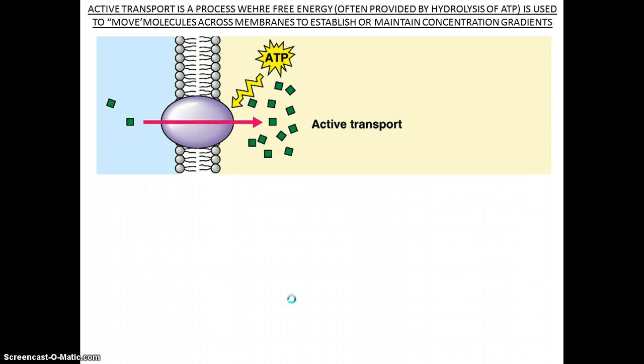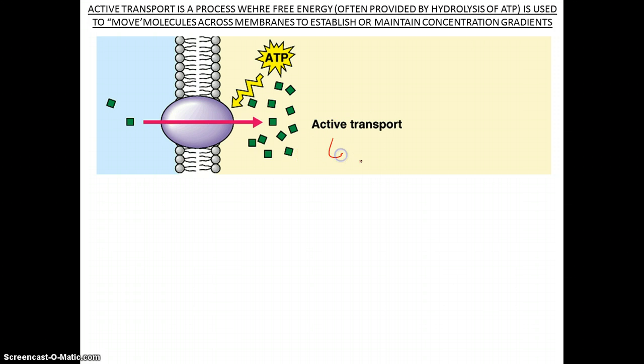Now, active transport establishes a concentration gradient, meaning you want something higher concentration in one area and lower concentration in another, and it usually uses energy in the form of ATP or ion concentration. So there's two types.